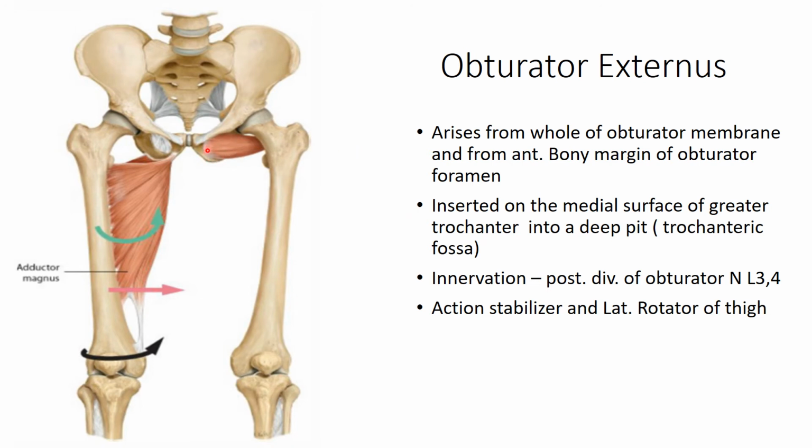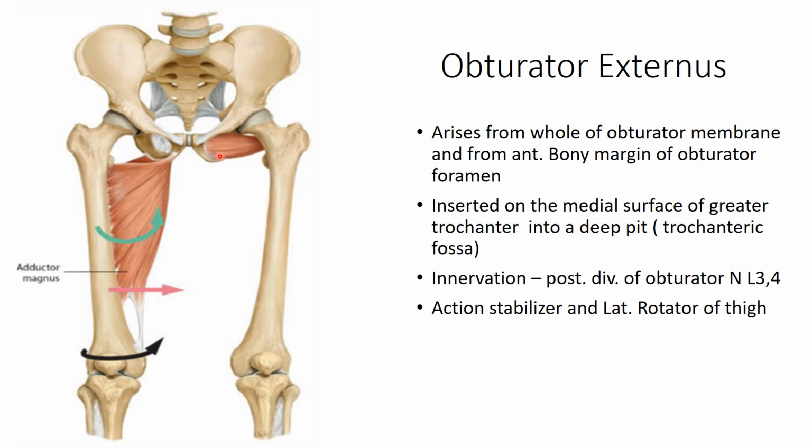Now this muscle, this is here. It arises from the whole of the obturator membrane and from this anterior bony margin of this obturator foramen.